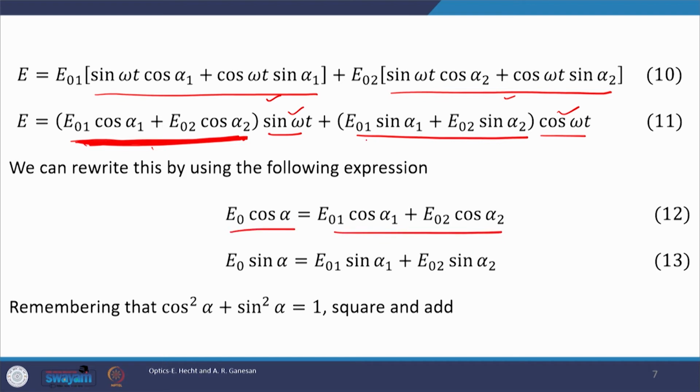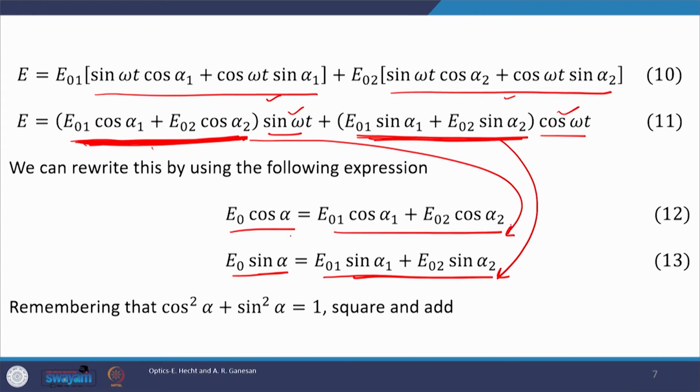Similarly, the multiplication factor of cos omega t is replaced by E naught sin alpha. This is the term sitting with the second term in equation 11.